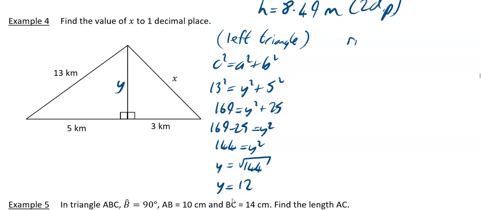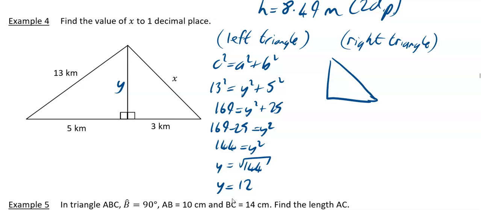This is the right triangle then. All I'm going to do, I think I will just do a diagram here just to keep me right. I've now worked this out to be 12. That's my x that I'm trying to find, and that's my 3. So x squared is equal to 12 squared plus 3 squared. Remember my Pythagoras theorem is c squared equals a squared plus b squared.